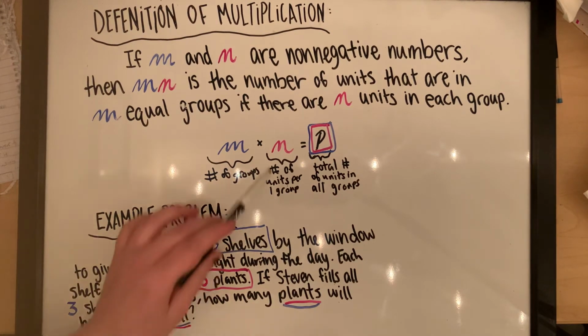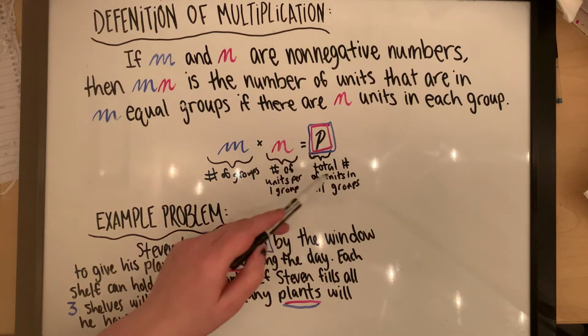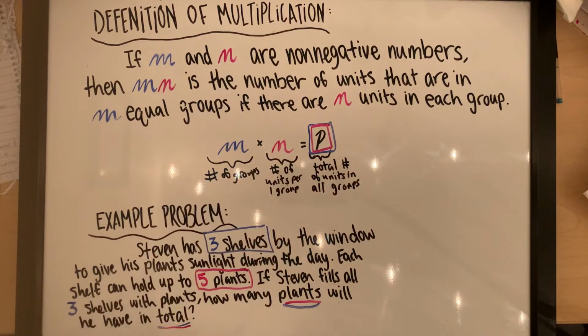For example, our n value in this problem is 5 plants, and our p value, the product that we're going to find, is how many plants we will have in total. So this similarity of language of plants gives us clues as to what value we're talking about.